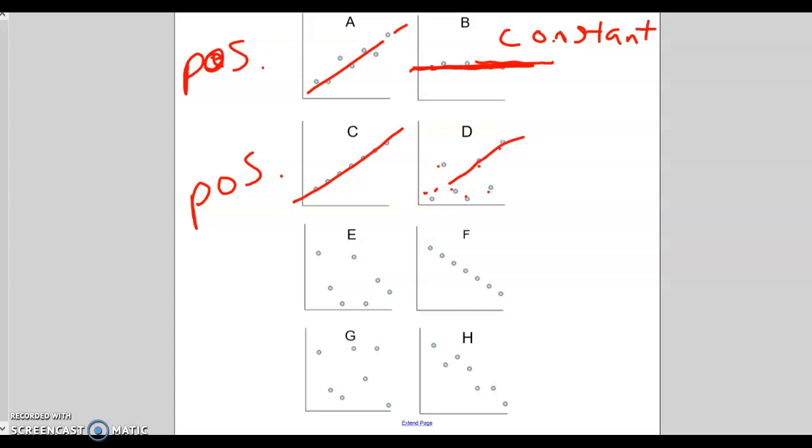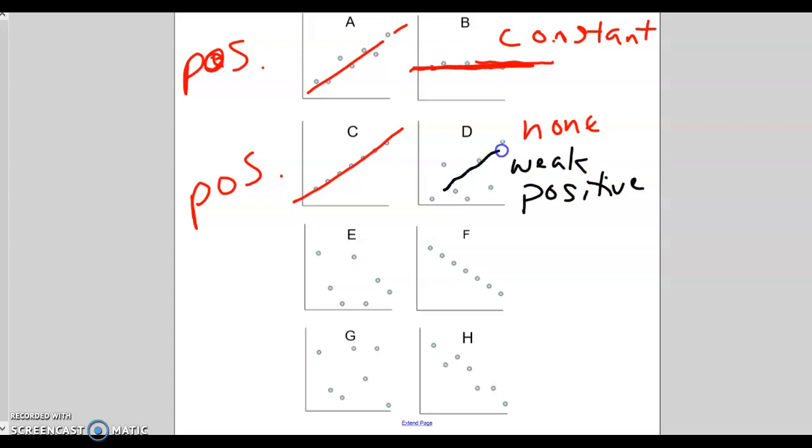So I would accept two answers for this. I would accept none if you see that those dots really aren't related at all, if there's no sloping upward or sloping downward. I would accept none or no correlation. Or I might accept, depending on how you see this, a very weak positive correlation.